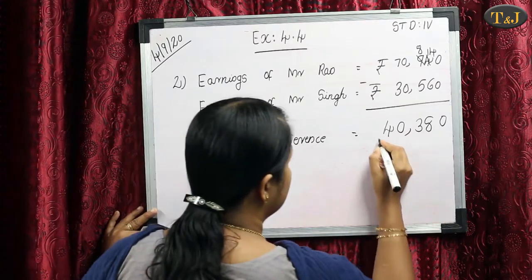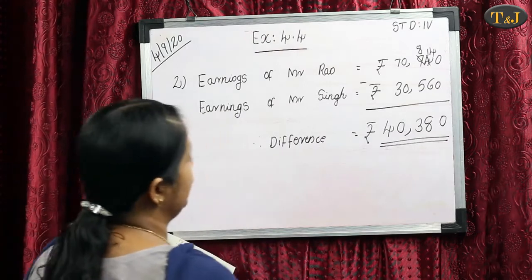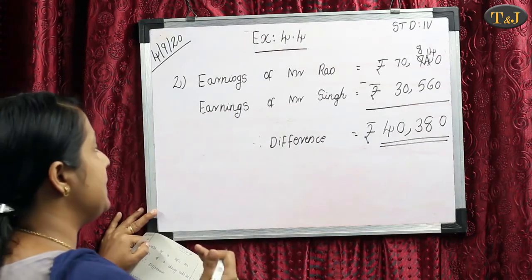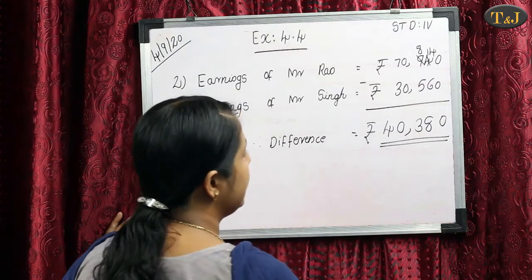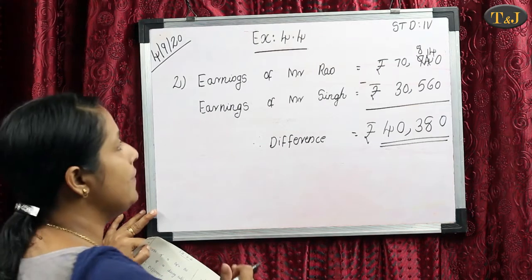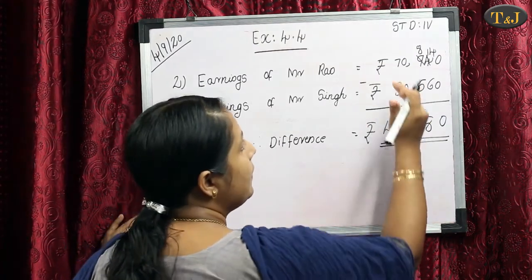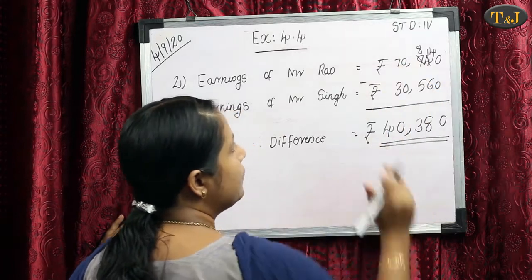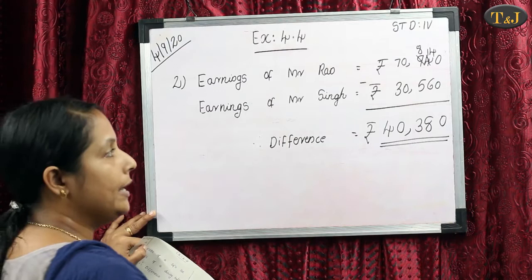So we get the answer as 40,380 rupees. So the difference between the earnings of Mr. Rao and Mr. Singh equals 40,380. In this problem, the same way as the first problem, we have to identify which is the bigger number, write that bigger number in the first position, then write the smaller number and find their difference.